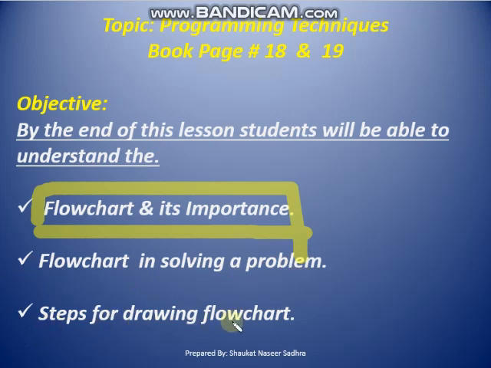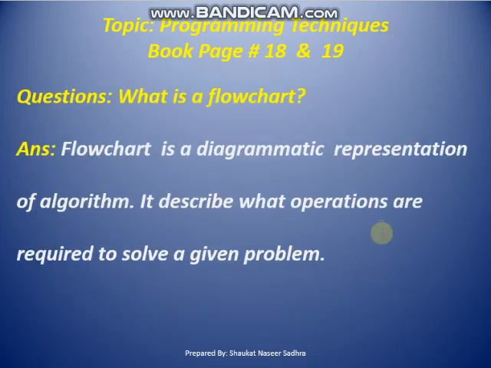Steps for drawing a flowchart. As you know that every process has certain steps, so a flowchart also consists of a few types of steps and symbols that will be discussed in the next lesson. Book page 18 and 19. The question is, what is a flowchart? Answer is available on book page number 18.